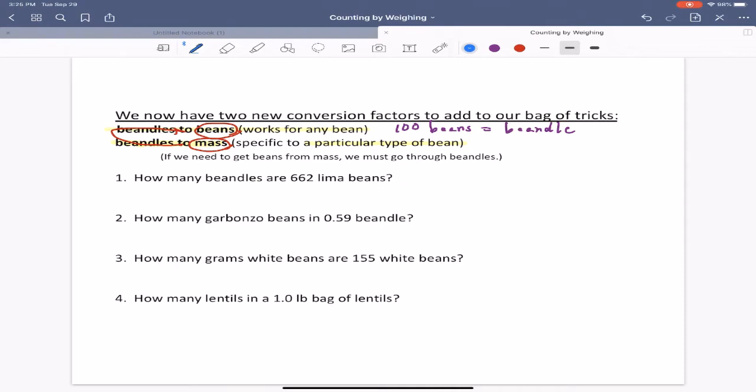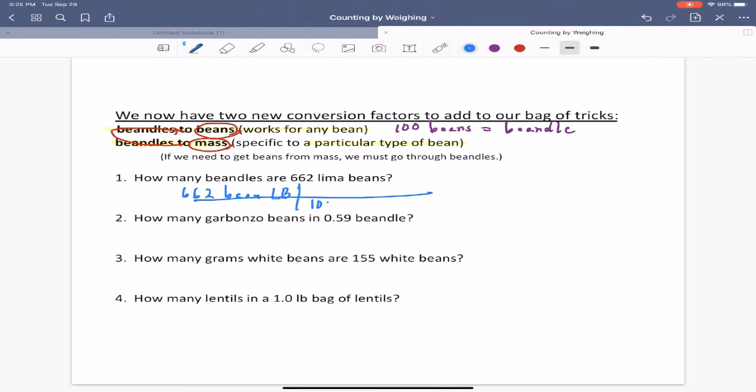Here we go. How many beandles are 662 lima beans? So play along with me. 662, and I can either say lima bean beans, or I could say beans, that's the unit, that are lima beans. I'm being specific about what kind.